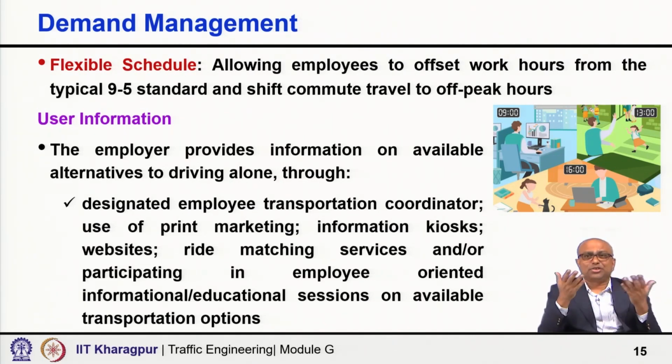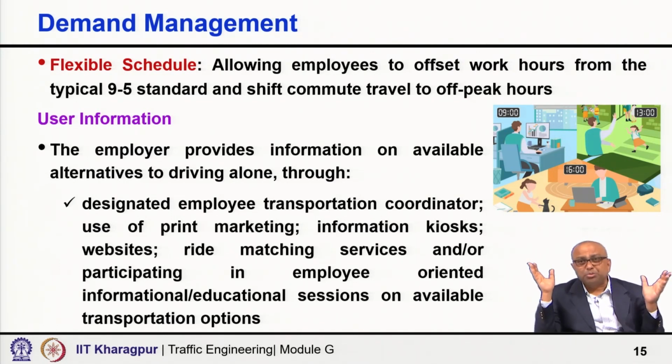Other thing, next may be user information. Employers provide information on available alternatives to driving alone through a designated employee transportation coordinator, or use of print marketing, information kiosks, websites, ride matching services, and or participating in employee oriented information and educational sessions on available transport options.